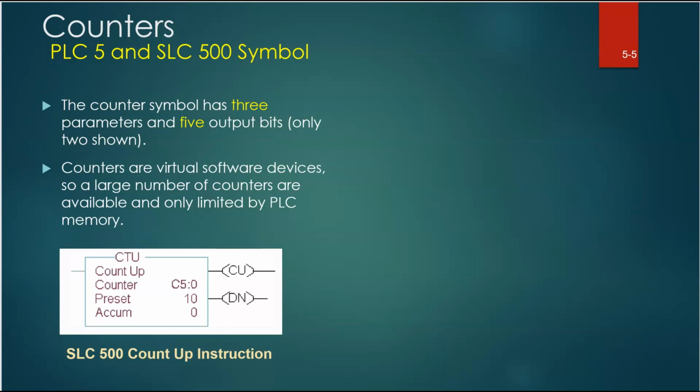You know that PLC 5 and SLC 500 are two different types of rack-based PLCs. So our focus right now is on rack-based PLCs counter. We want to see what are different parameters, what are different bits that we need to know about when we are working with counters.